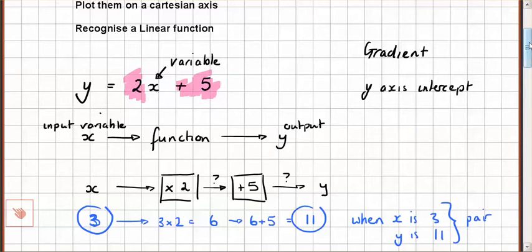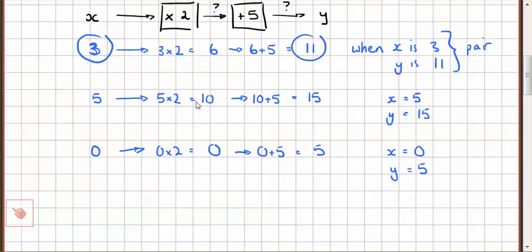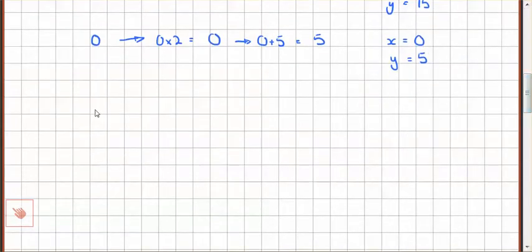Alright? Now, there's probably a better way of displaying this. And actually, we want some kind of system as to which numbers I'm going to pick. So, what we do is this. We set up a little table and we say, right, when x is what? So, pick some numbers. I'm going to go -2, then -1, 0, 1, 2, 3, 4.